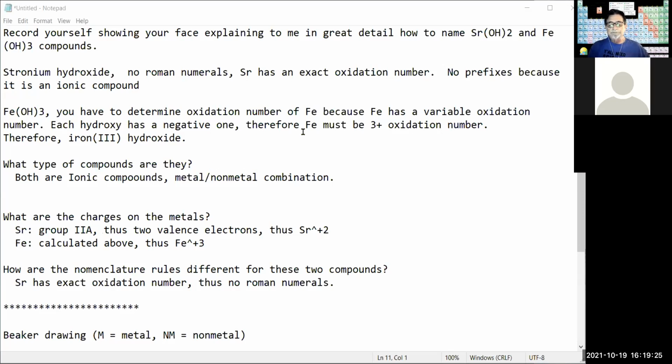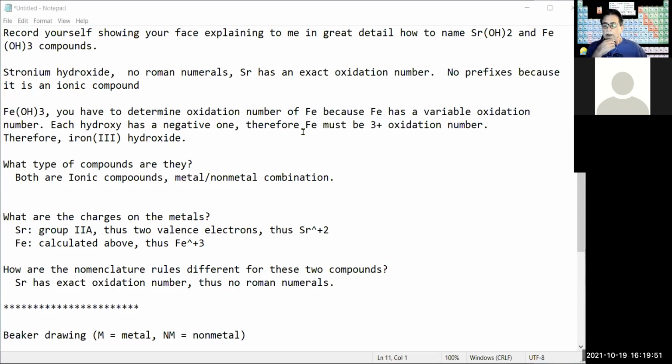Okay. Anyway, this goes into great detail on how to name these two compounds: Sr(OH)2 and Fe(OH)3. Well, first one, Sr, strontium.